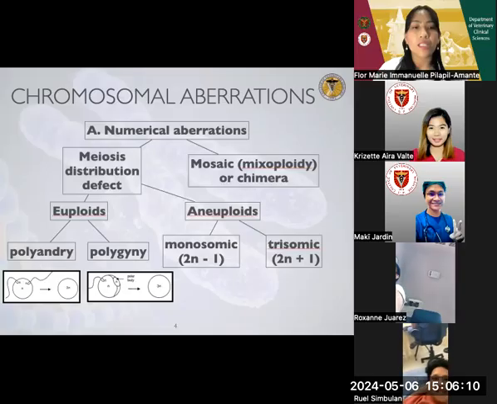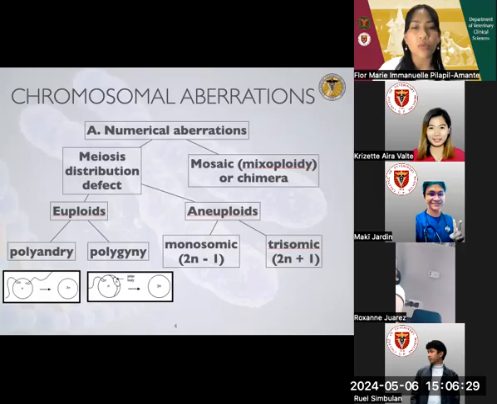First, we have the euploids, and these are exact multiples of the haploid number of chromosomes. For example, we have 2n equals 46 in humans. And the pathologies that we can get from these euploids could be either polyandry or polygyny.